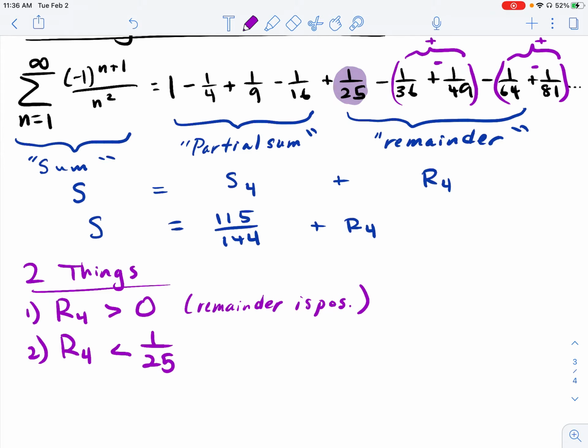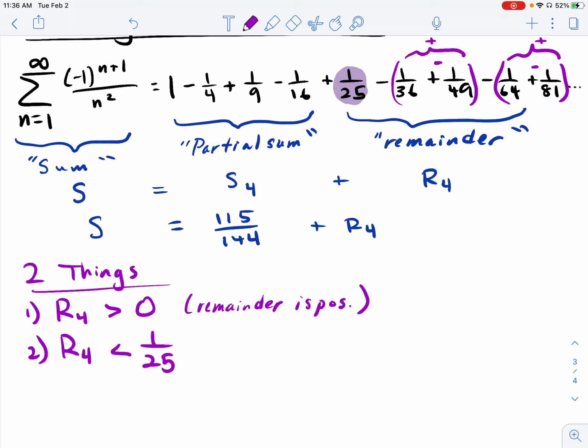So what does that mean? It means my entire remainder is getting smaller because I start with 1 over 25, that's the first term in my remainder, but I'm subtracting a bunch of positive values. And so my remainder is getting smaller and smaller. Its sum is getting smaller.